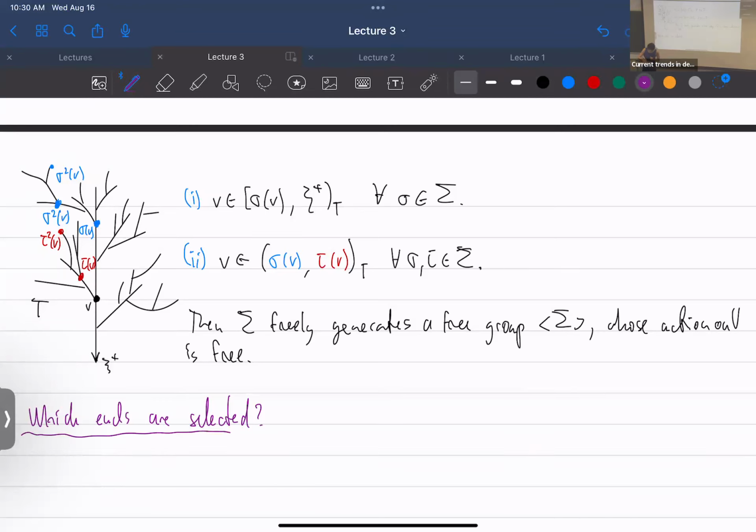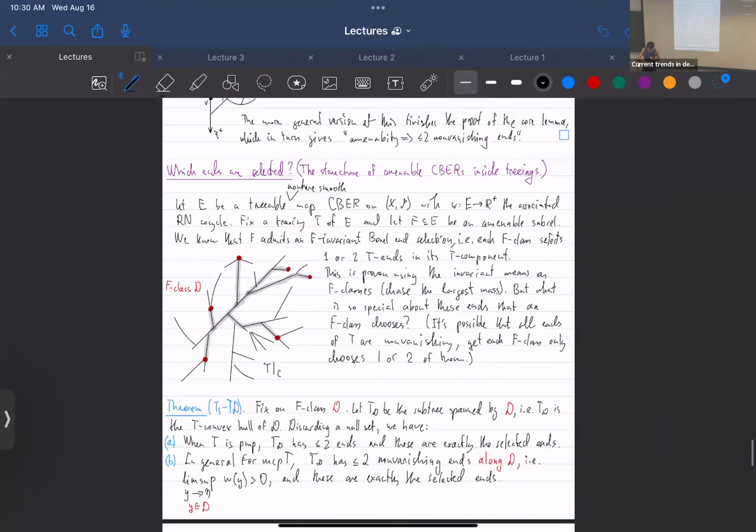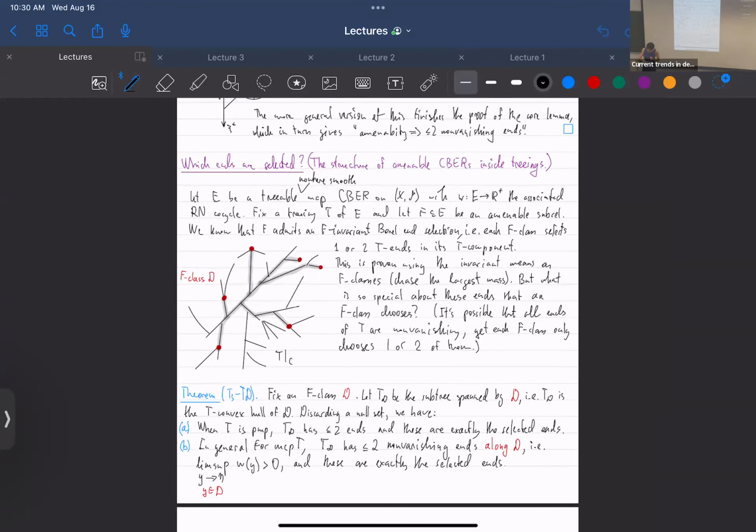So we know that there is this end selection. Maybe this part I'll copy paste and just talk over it.